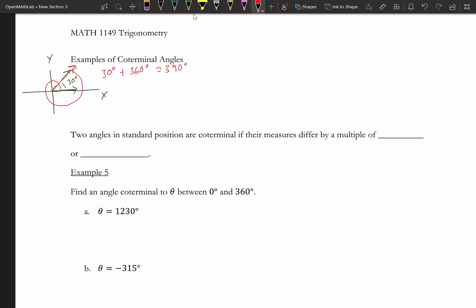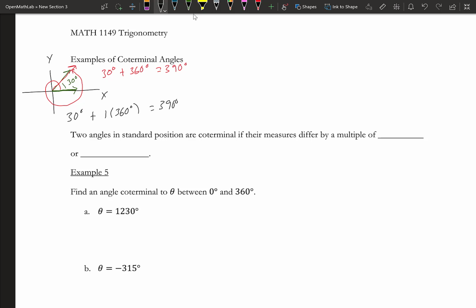So what we did is we took 30 degrees and we added 1 times 360 degrees to it to get 390 degrees.